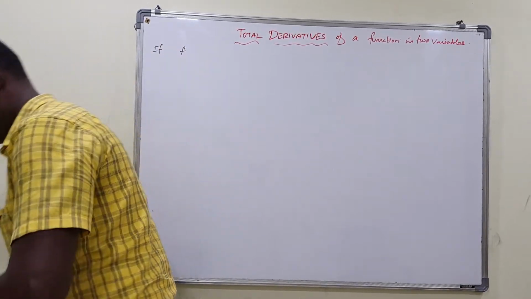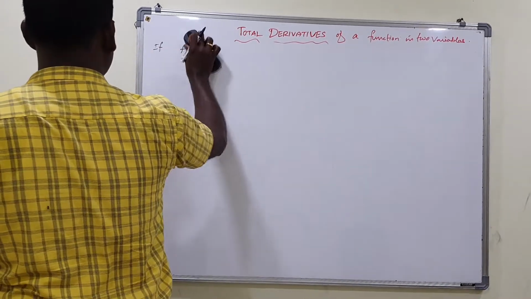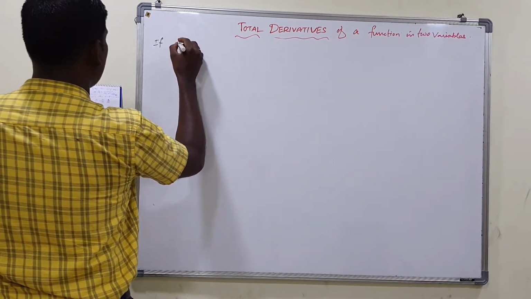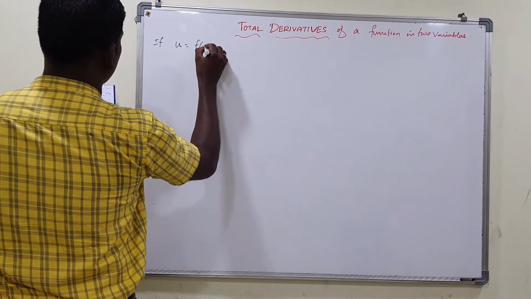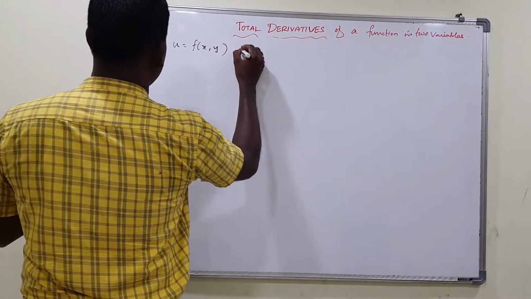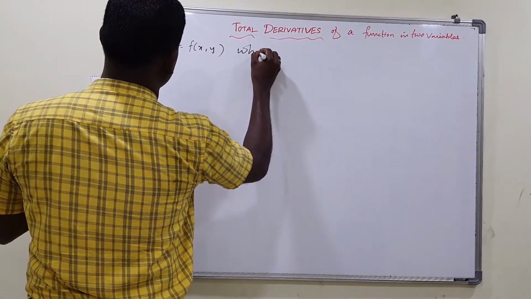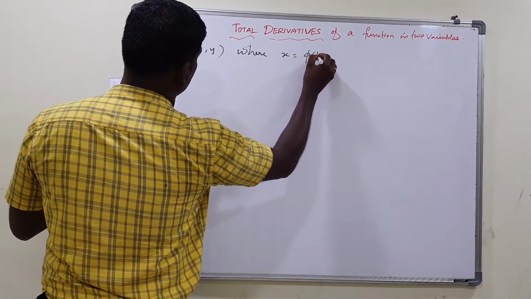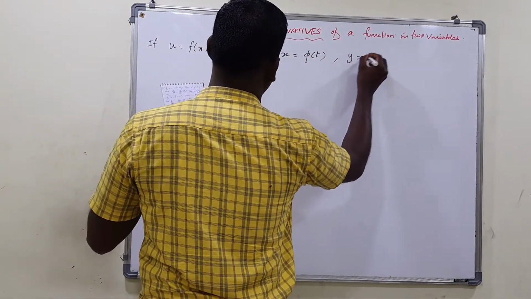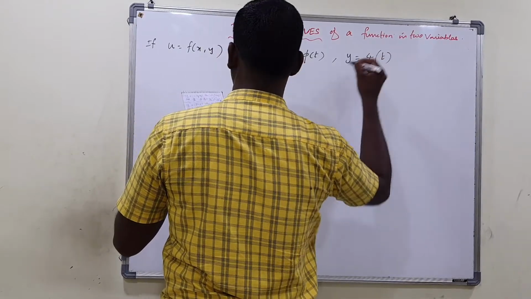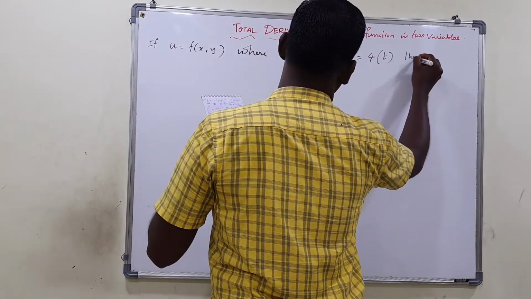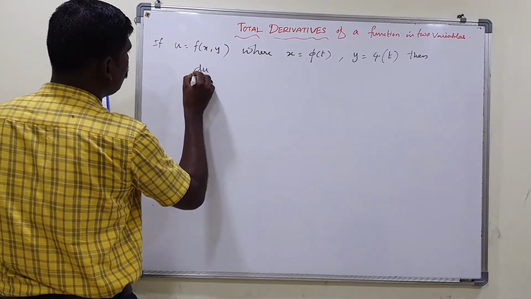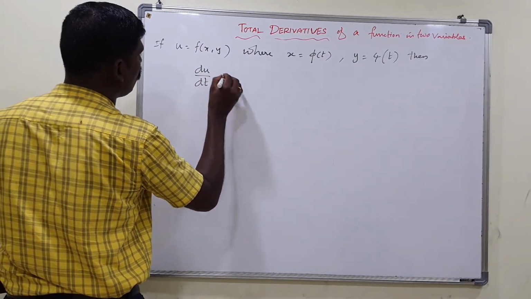If u is equal to f of x comma y, the same as the previous one, where x is a function of t and y is also another function of t, then du by dt equals what?